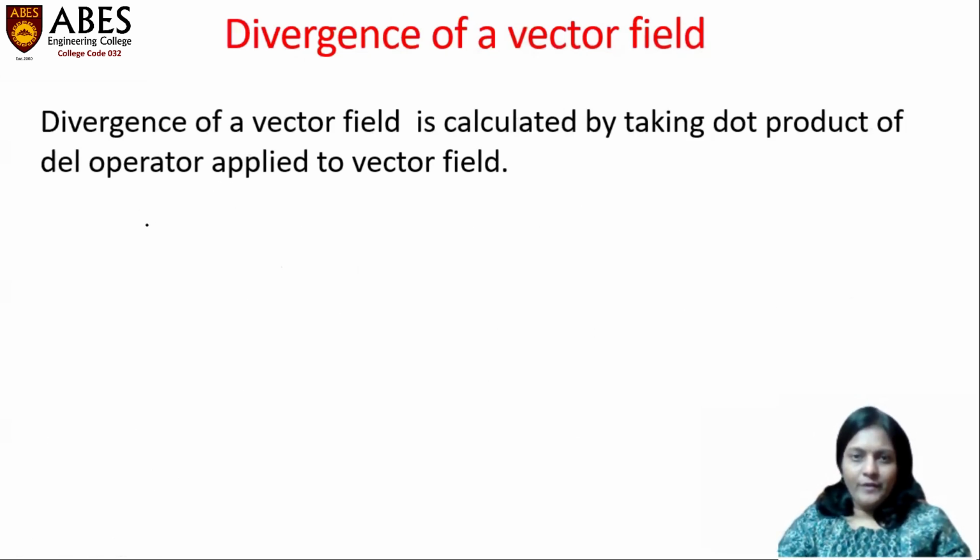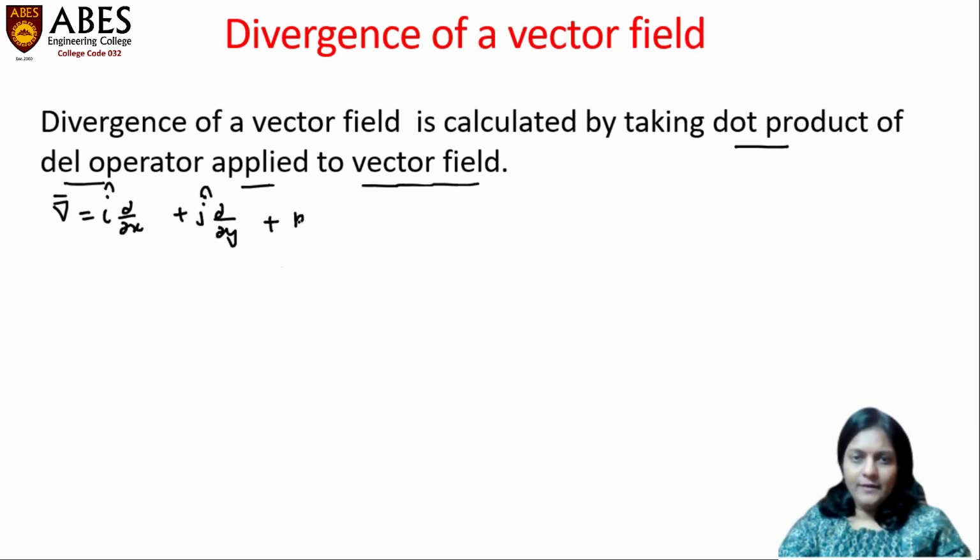Divergence of a vector field is calculated by taking the dot product of the del operator applied to the vector field. Again, we know that the del operator is i del over del x plus j del over del y plus k del over del z.